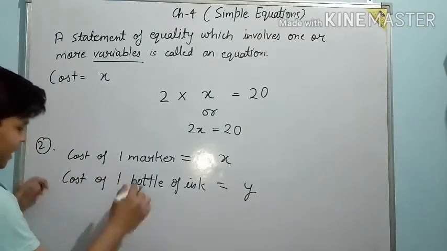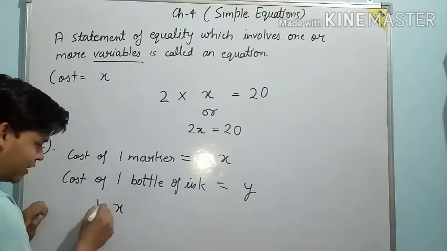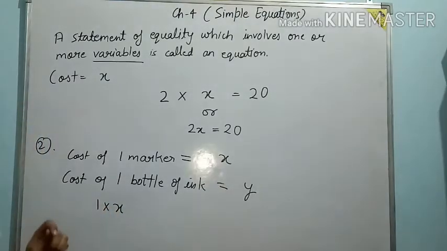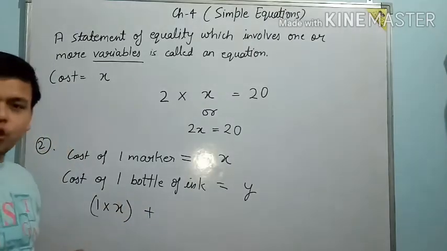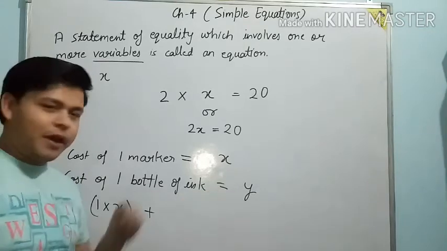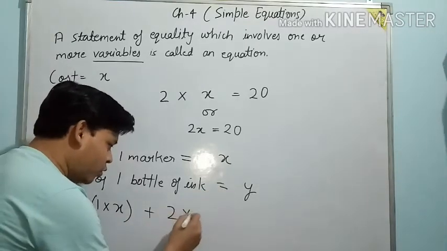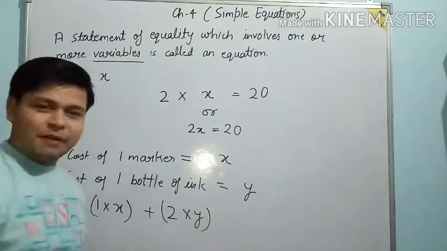Say the cost of 1 marker is rupees x, so I am just multiplying 1 into x, in bracket, plus, and I want to buy 2 bottles of ink and the cost of 1 bottle of ink is y, so I will multiply 2 into y, क्योंकि मेरे को 2 bottles purchase करने हैं.